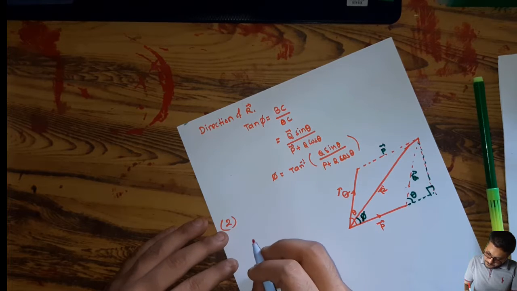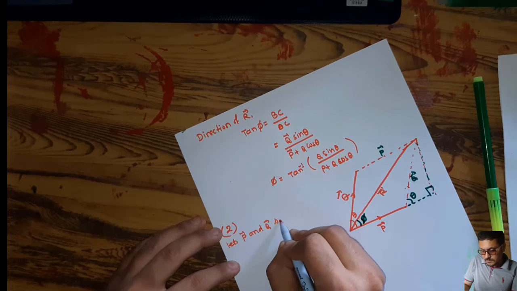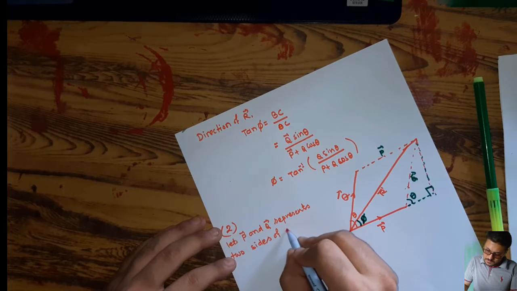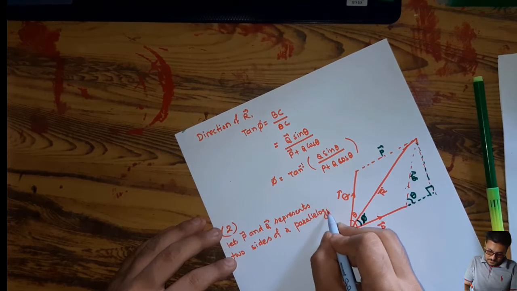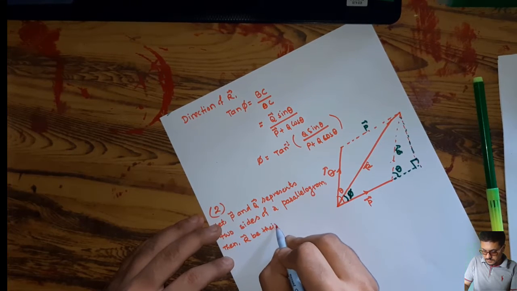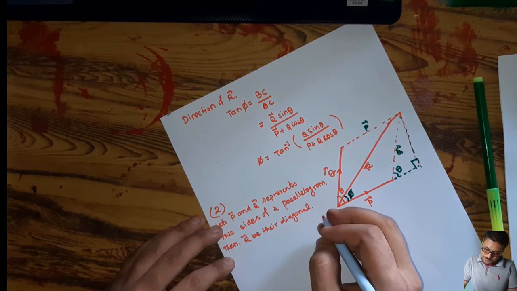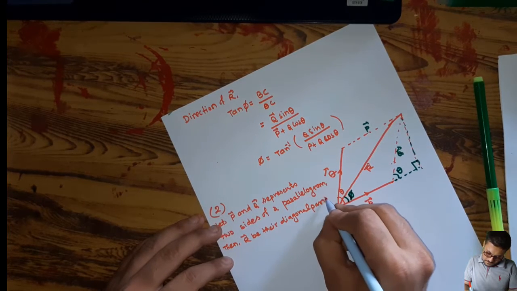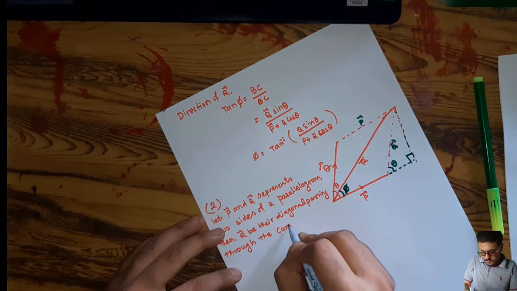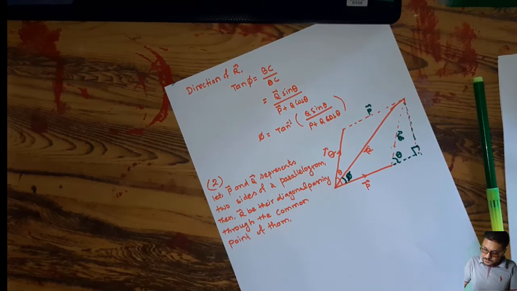That's why let P vector and Q vector represent two sides of a parallelogram, then R be their diagonal passing through the common point of them. This is a common point.